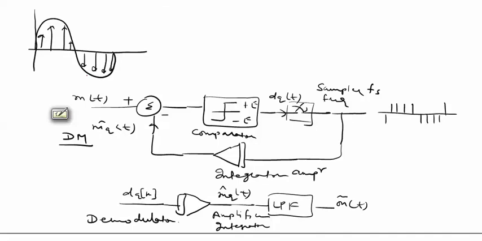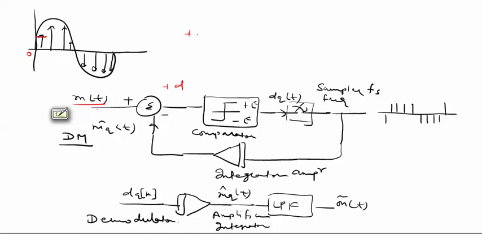When we apply the message signal here, if the initial value of the message is 0, then comparing with 0, put 0 value, the result is plus d. Plus d, some positive value, is applied to the comparator, and the result will be plus e or minus e.